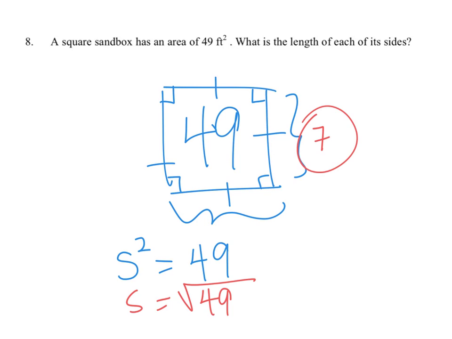The square root of 49 is 7, so that means each side of this sandbox measures 7 feet in length. Now you try question number 8 on your homework assignment.